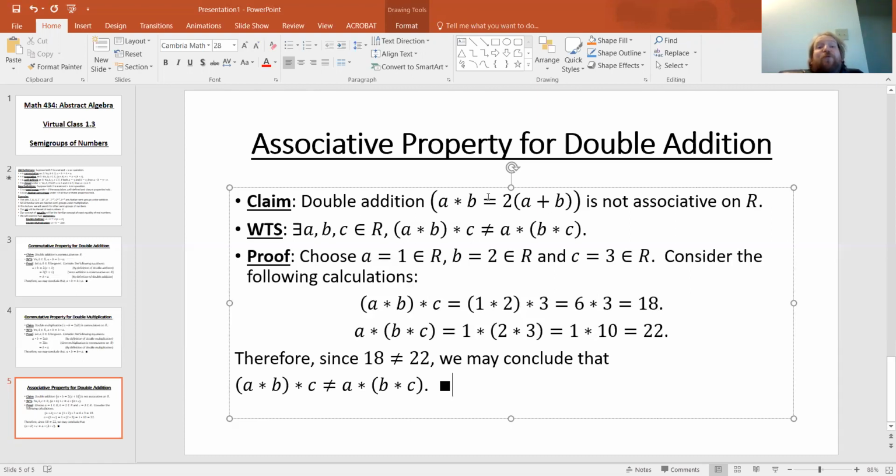Division and subtraction were neither commutative nor associative. Later on, you'll see another example of an operation that is commutative but not associative. And you will also see an operation that is associative but not commutative. These should all tell you that commutative and associative are different properties.